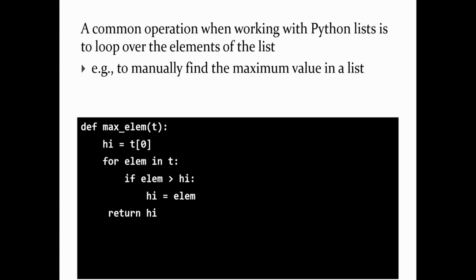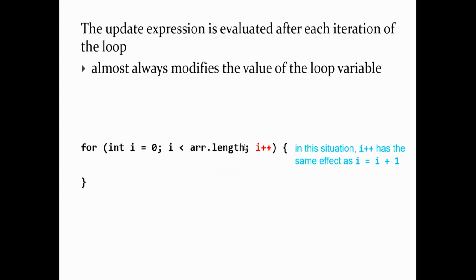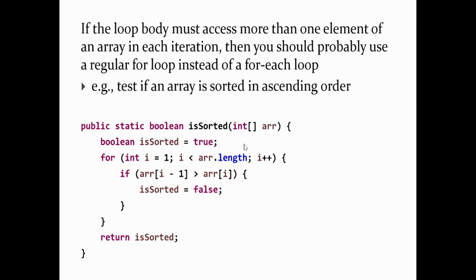If I need to compare it to the next element or the previous element or the element at the end or somewhere else, you can't do it using a plain old for each loop. So when you need to access more than one element at a time from a collection, you probably need the counting style loop.